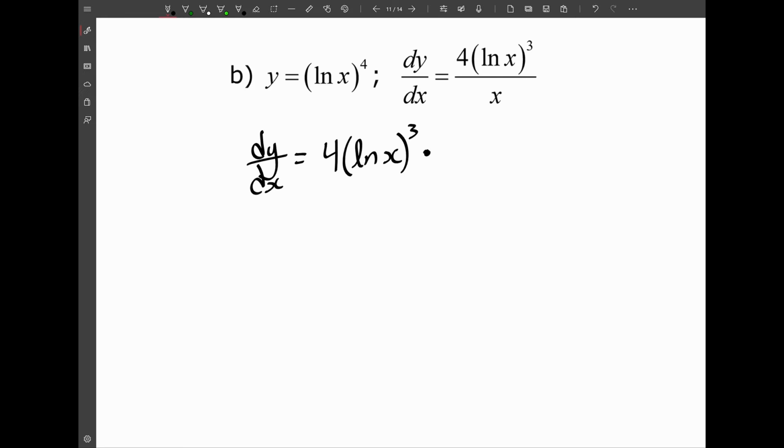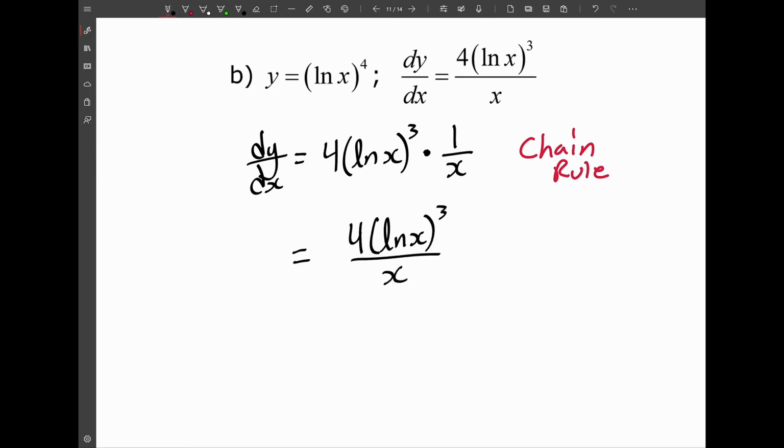Well, the derivative of natural log of x is 1 over x. That's our chain rule. So what we're left with is 4 natural log of x cubed all over x. Proven. Done.